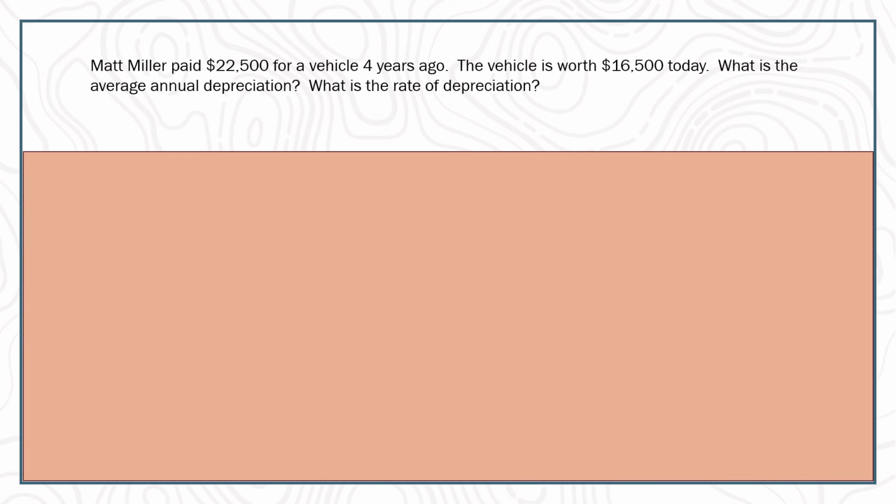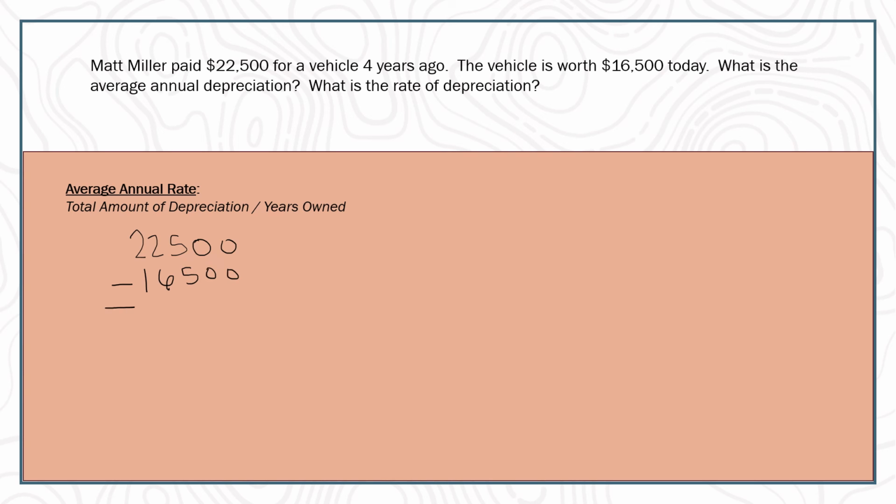So the first thing we're going to look at is we're going to use our formula here, average annual rate, and it says it's the total amount of depreciation divided by the years owned. Well, in order to figure out how much has been depreciated on this car, I need to take the price that Matt paid, and I need to subtract off what the car is worth today. And when I do that, the difference is $6,000.